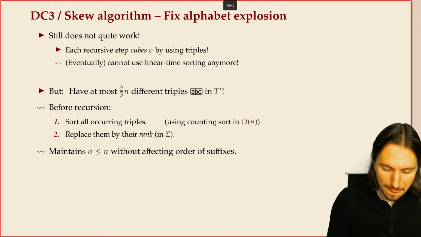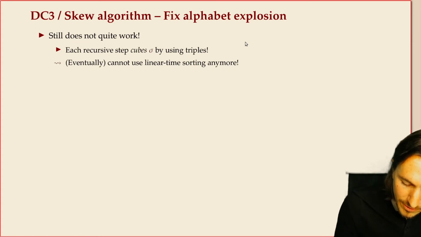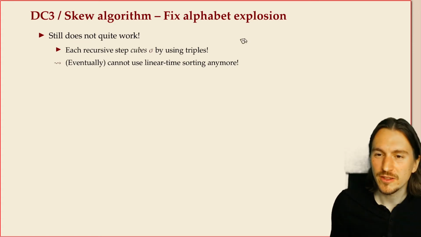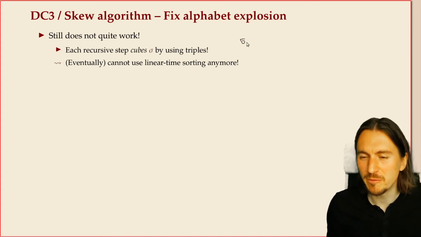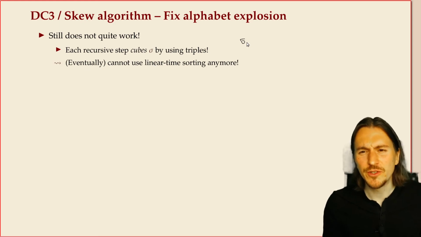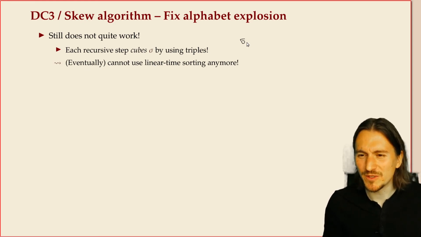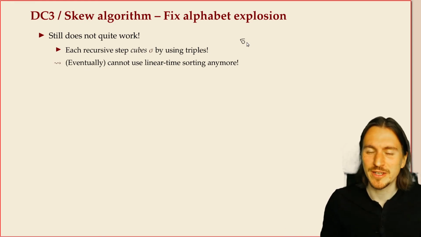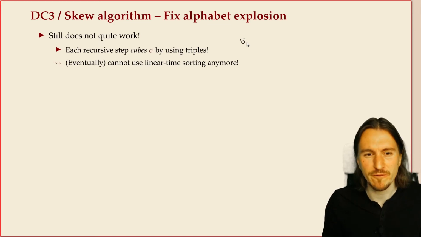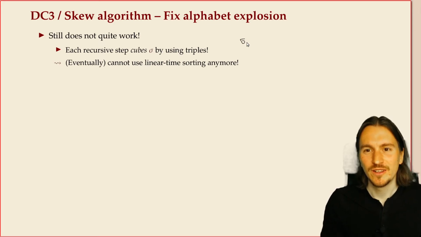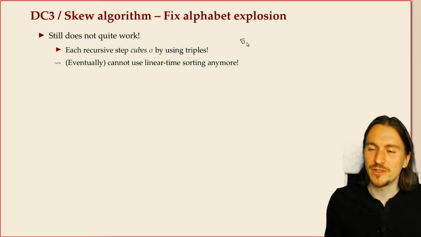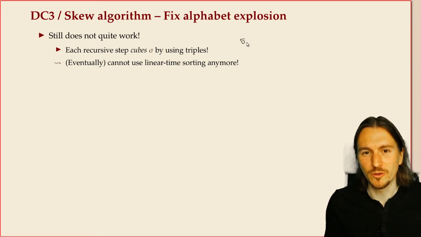Right? We start with sigma characters. That's the original string, and that can be any number, but you can assume that sigma is at most n because it doesn't make much sense to have an alphabet with more characters than ever occur in your text. You could always reduce that to only the characters that occur in your text.